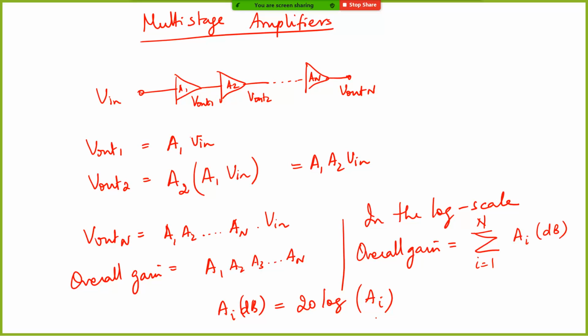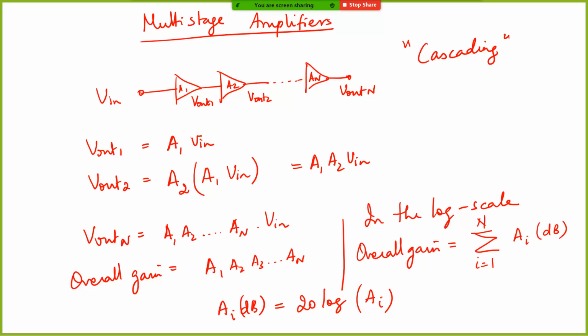So in the log scale, you basically add the gains. Whenever you deal with multi-stage amplifiers, you usually deal in logarithmic scales, and say this is a 10 dB amplifier, another 15 dB amplifier, another 20 dB amplifier, just put three in cascade. This is what is called cascading. You add up the gains.